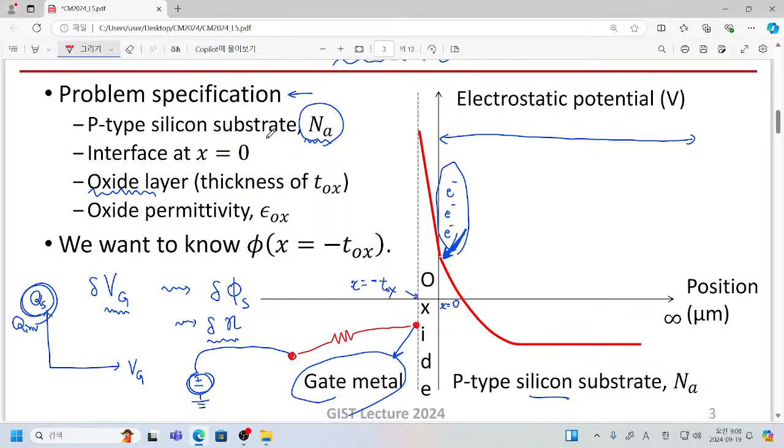However, in this case we neglected this effect because in this MOS capacitor there is no current, so there is no voltage drop. Even when we have a small amount of gate current, that current is so small in normal operation that we don't care about the voltage drop across this gate metal.